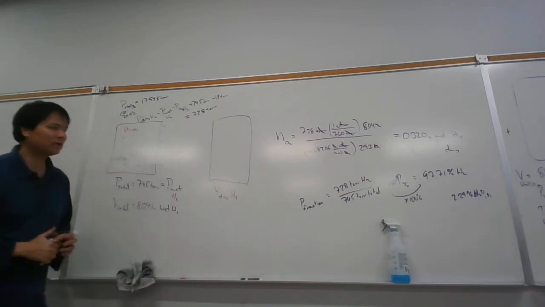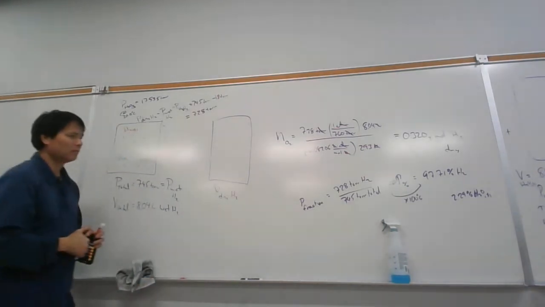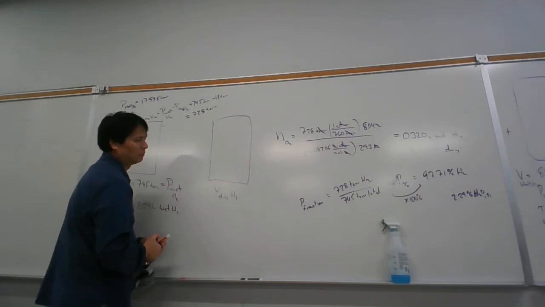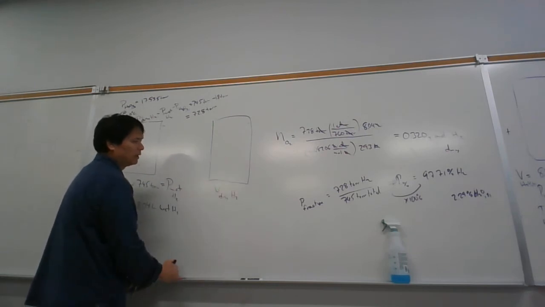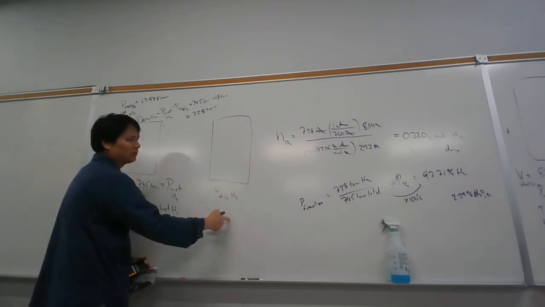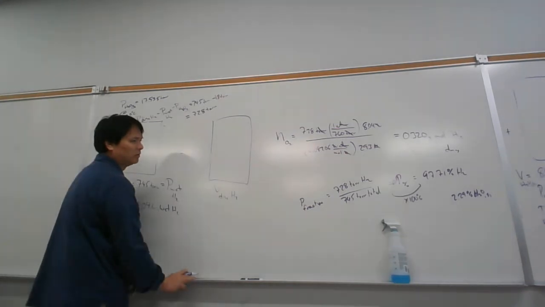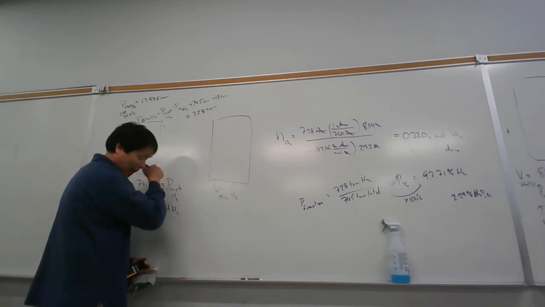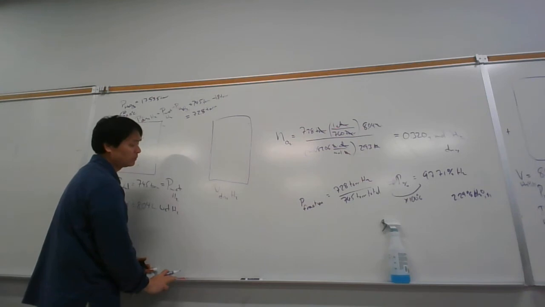I have to use some data from earlier, and that is the pressure fraction is equal to the volume fraction, which is equal to the mole fraction, or the pressure percentage is equal to the mole percentage, which is equal to the volume percentage.